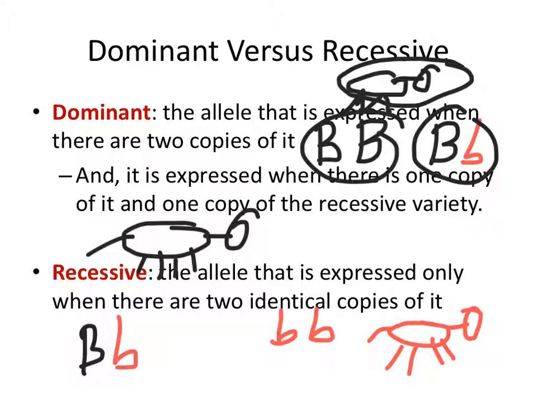It's only when you have BB, little b, little b, that you will have brown. So little b is a recessive allele. Big B is the dominant allele. Dominant, whether it's 2 large B's or large B, little b, will still express the big B phenotype, which is black.